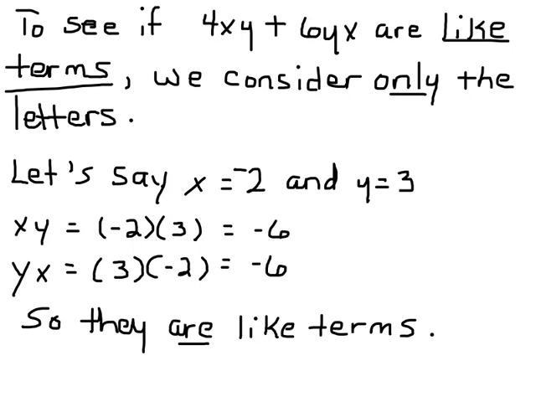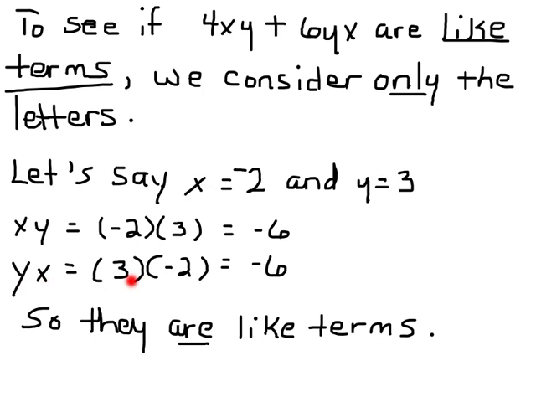Okay, so to see if this term and this term are considered like terms, we only consider the letters, not the number here. So let's say that x stands for negative 2 and y stands for 3. X times y, if x is negative 2 and y is 3, then it would equal negative 6.